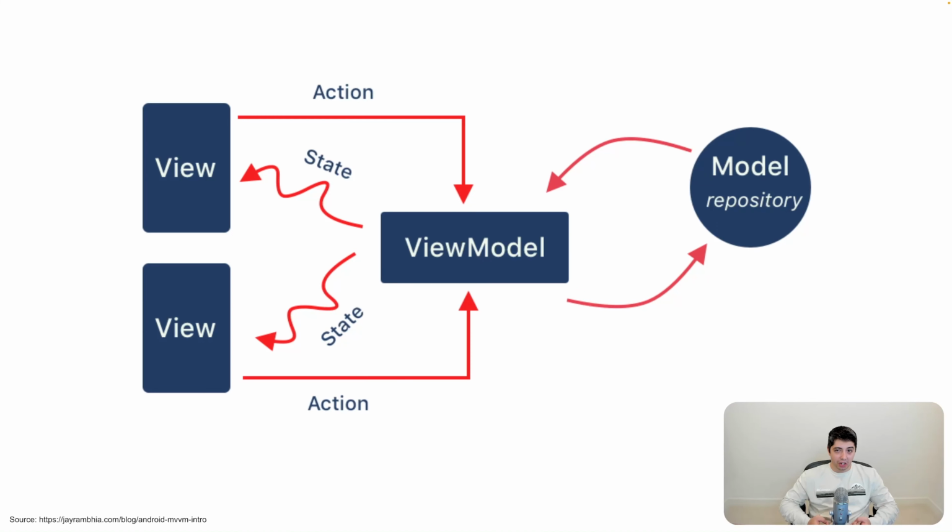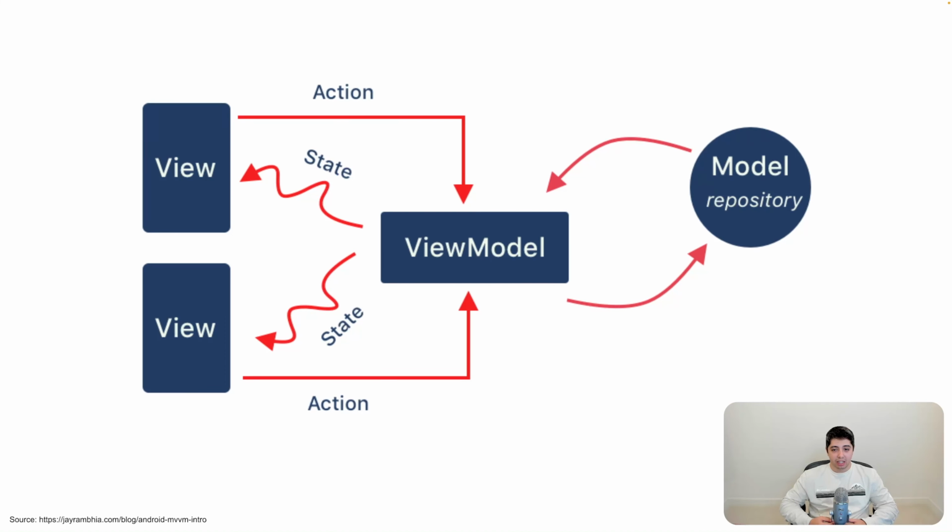So if you want to change something, like you have a favorite icon and you want to show an item as favorite or not favorite, you click on this favorite icon. The same thing: you click, you make an action, the action changes the state, and then the whole list of items goes back.